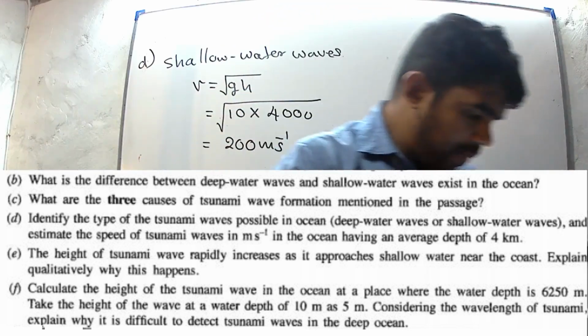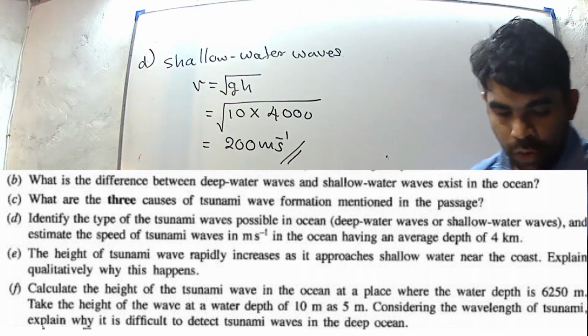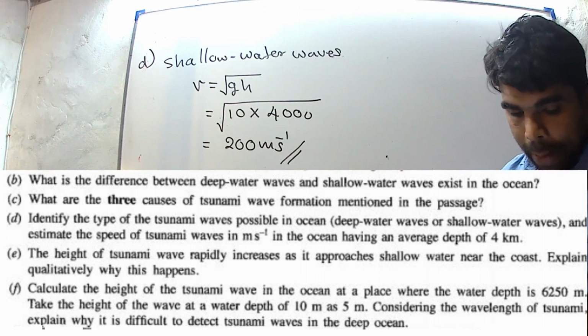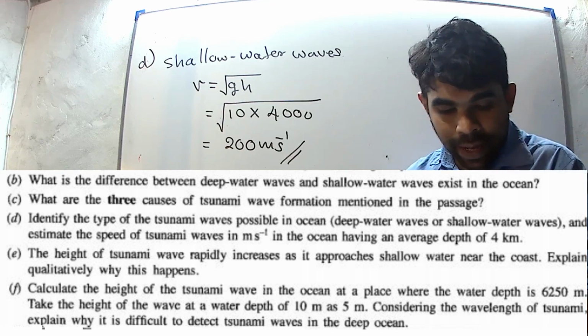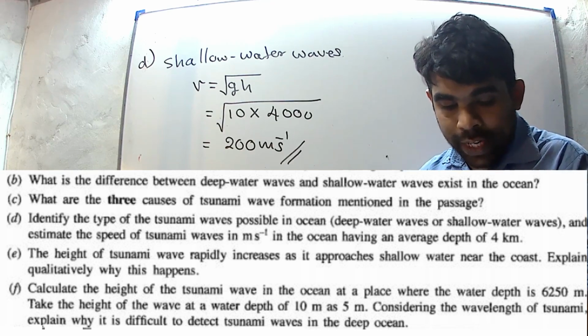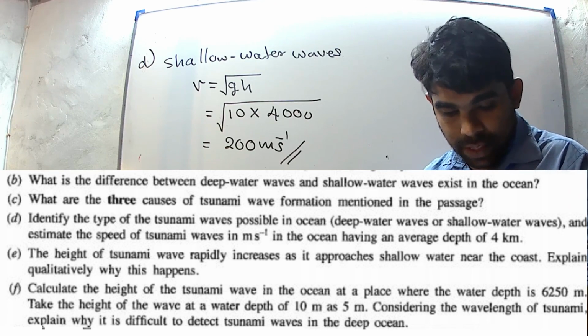Then part E. The height of a tsunami wave rapidly increases as it approaches shallow water near the coast. Explain qualitatively why this happens.